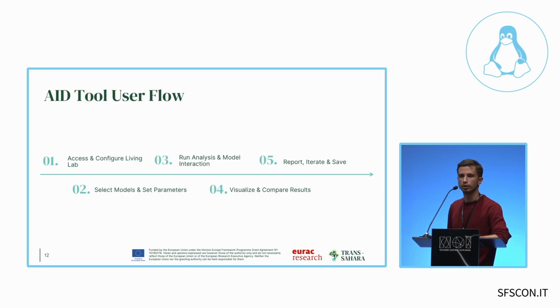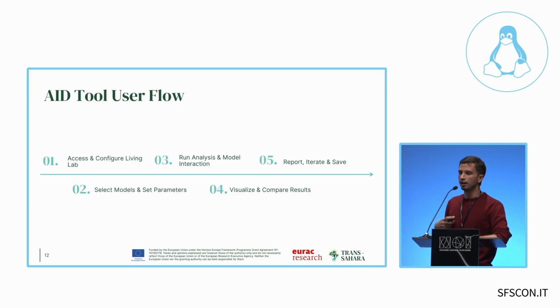This tool will also support the user to eventually configure a new living lab and connect new data sources to it. After that, the user will be able to select the different models that will be chained and connected to perform the analysis, and set all the necessary parameters to perform the analysis.